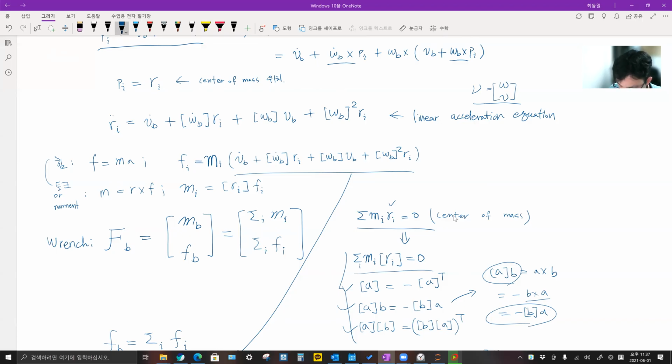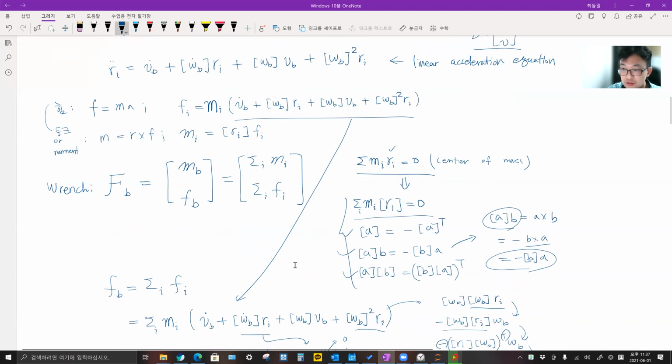So here we introduce a new concept, which is the wrench. The wrench is indicated by the capital F symbol, and this B indicates the body frame, and this is a vector that describes together the moment and force.